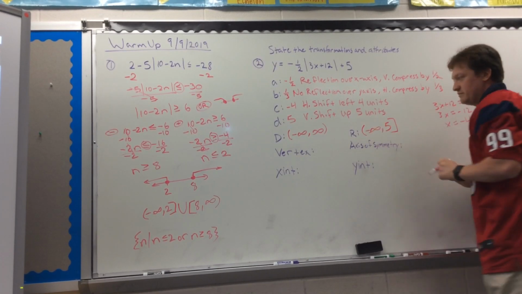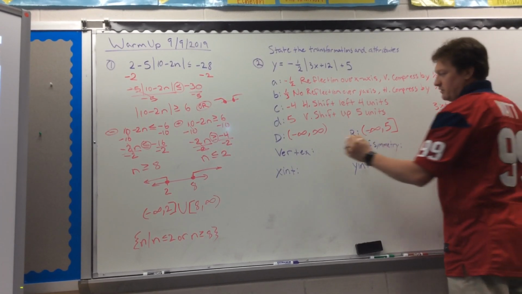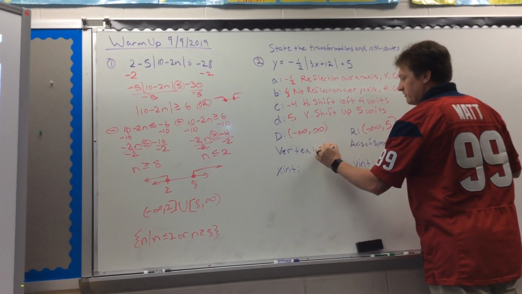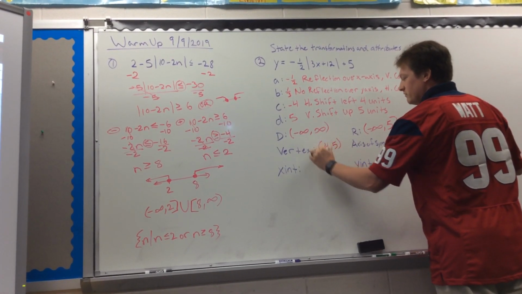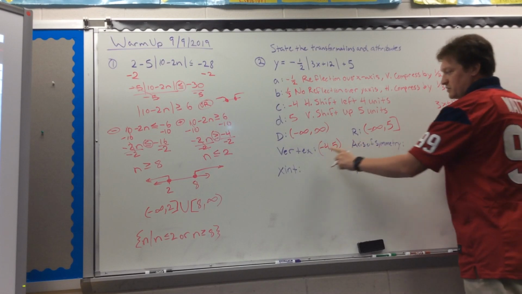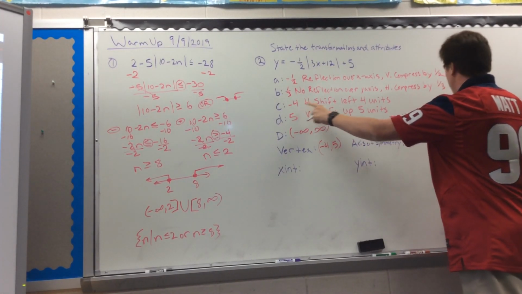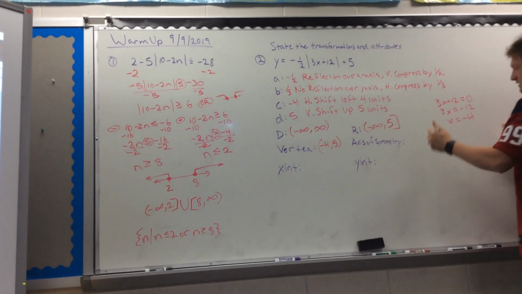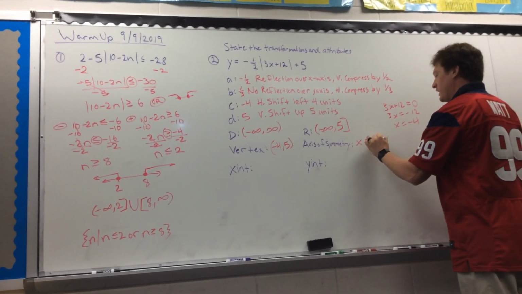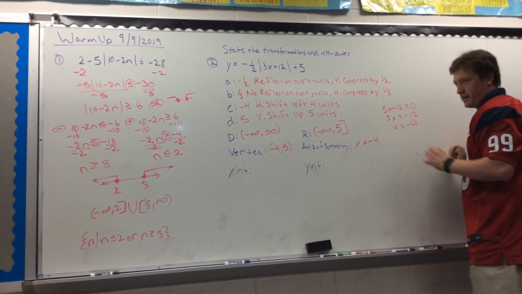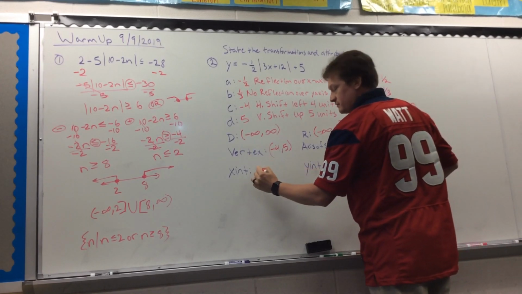Hard bracket. The vertex we already found is negative 4, 5. The axis of symmetry comes directly from the vertex. It's also your c value, which is what we solved for over here. So x equals negative 4. Your x-intercepts, we found them.